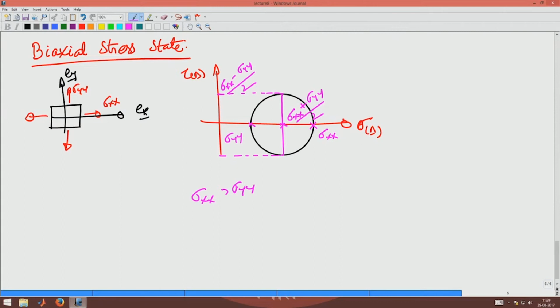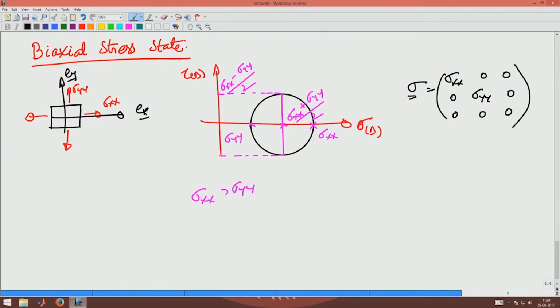So, basically that is the maximum shear stress in this, and the extreme normal stresses are sigma xx and sigma yy. If I were to write the stress tensor for this, it would be sigma xx 0 0, 0 sigma yy 0, 0 0 0.